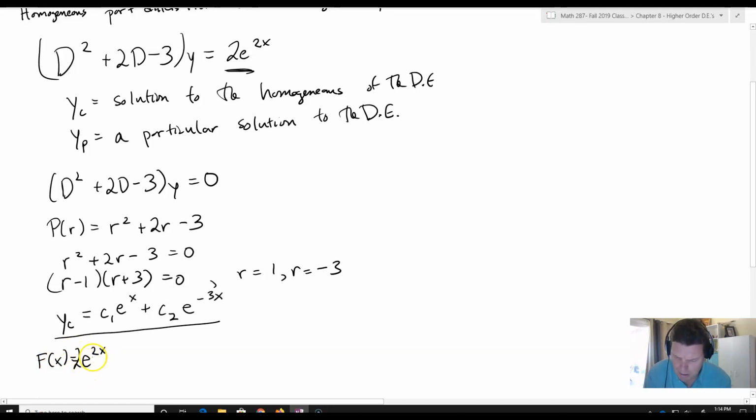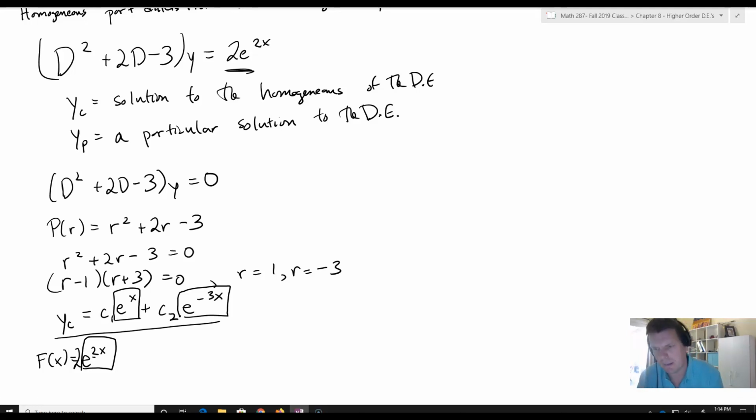Notice that's e to the 2x, so that's different from e to the negative 3x and e to the x. Those three functions are linearly independent. You can use the Wronskian to check that. The reason that's so important is that it's going to affect what we use as our annihilator or as our trial solution. And I'm going to use trial solutions for this one.